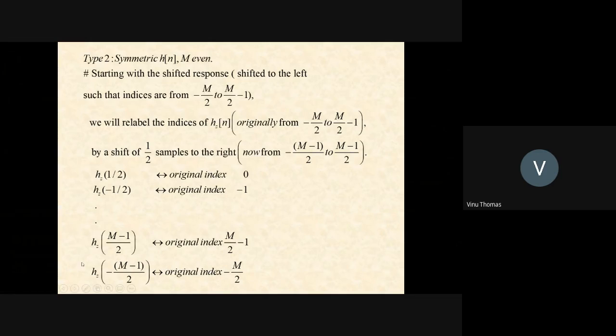Then you will have h of minus half. Likewise, the sample at M by 2 minus 1 will be h of (M minus 1) by 2. And the sample at minus M by 2 will be now at minus (M minus 1) by 2, and we will label that sample as h of minus (M minus 1) by 2.